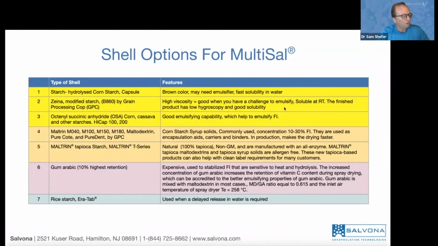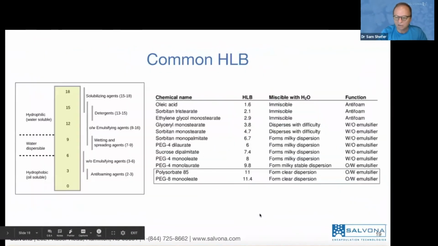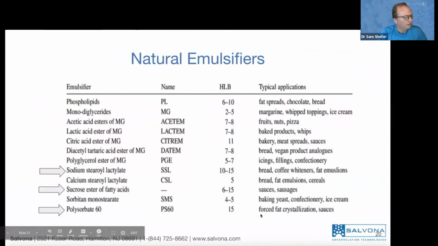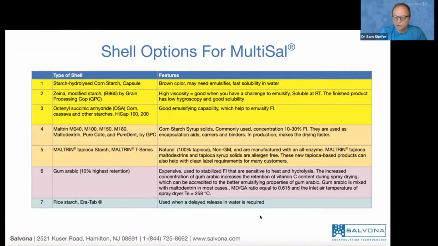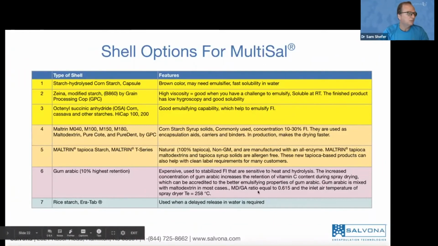So this is all about how to choose the starch. If you need to formulate, you need to know the requirements, and based on this, you use this table to choose the right material to formulate a MultiSal, okay? And this is about the MultiSal, and I hope you will remember this concept and the principle behind it.